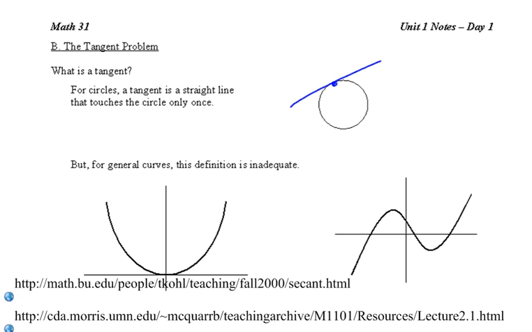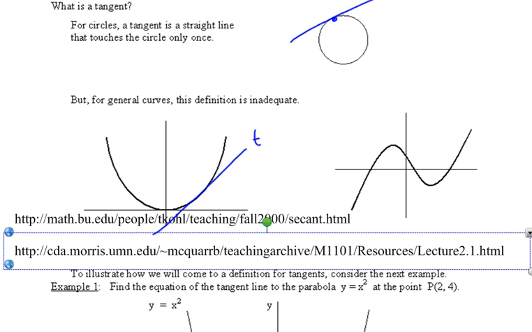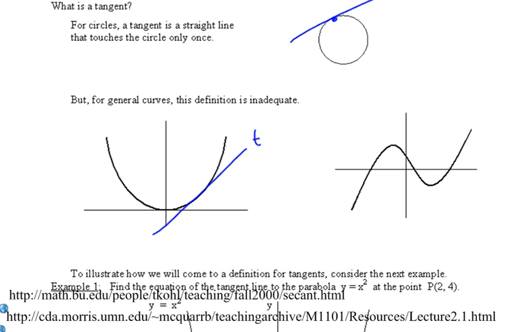Okay, but unfortunately, we're dealing with things that are more than just circles. We have curves. So if we kept the same definition, I'm going to call this one T. I'm going to draw another line, L. Well, here's the problem.